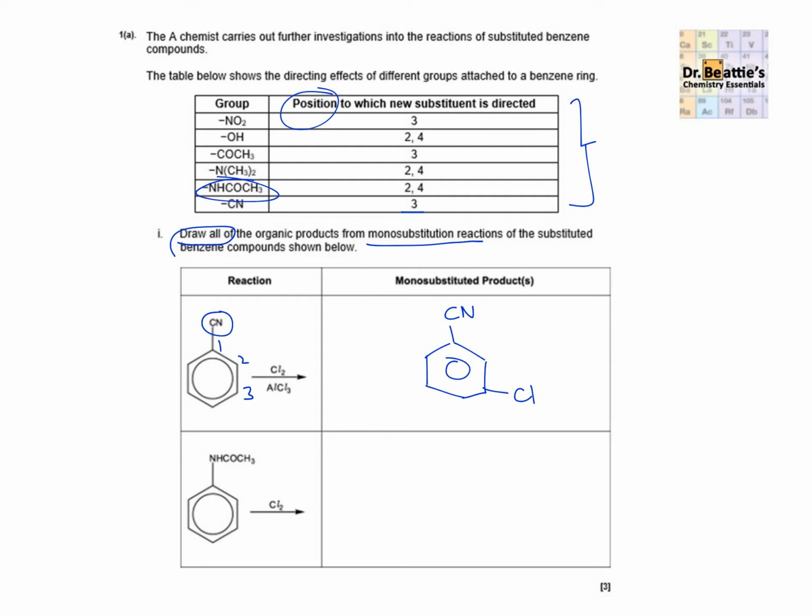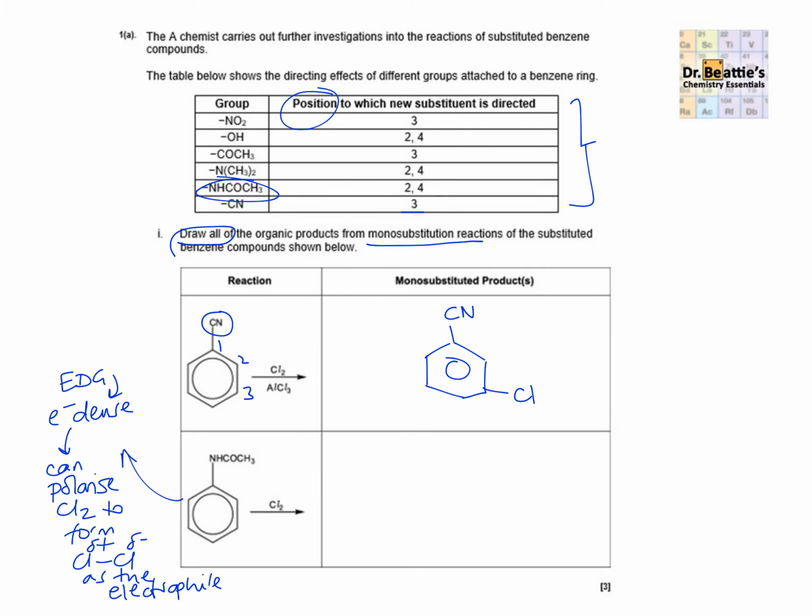Again, we don't need a halogen carrier here, because as you can probably see from the direction of it, it's an electron donating group, so it's highly electron dense. It doesn't need a halogen carrier to polarize the chlorine and to make an electrophile. It can polarize it itself. Whereas up here, the aluminium trichloride and the chlorine were needed in order to create that Cl+.